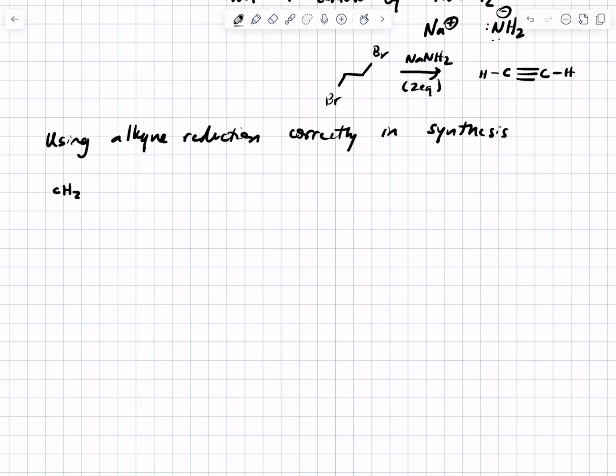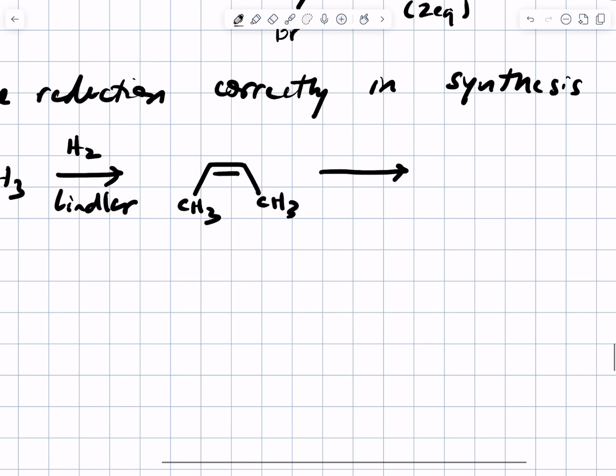So if you take this alkyne starting material, and if we use the Lindlar catalyst, that takes us from the alkyne to the cis alkene. If we then use that to do a halogenation reaction with Br2, that's a chapter 10 reaction, that's going to do anti-addition of Br2 across the pi bond.